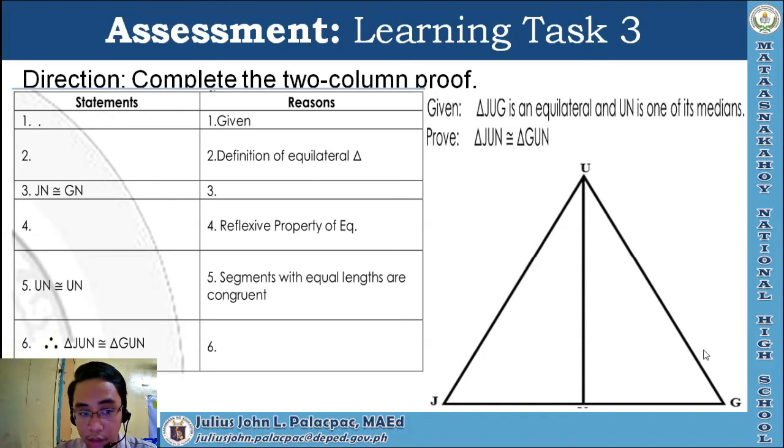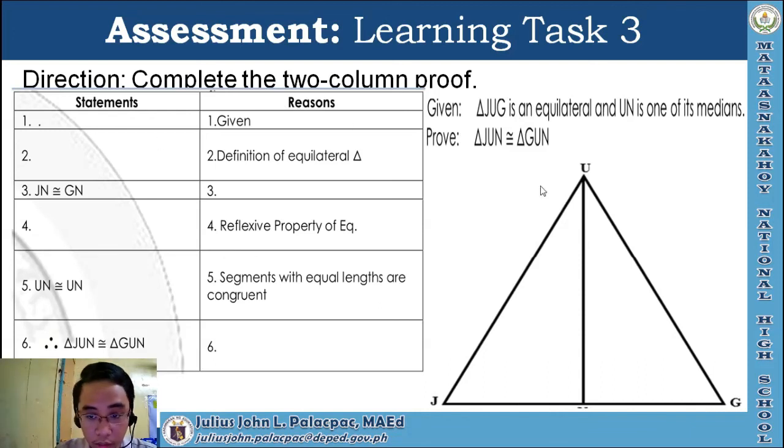Kaya, sila yon, diba? JN is congruent on GN. So, itong UN ay definition of median. Kasi yung median ay dinidivide niya yung isang line segment into 2 equal parts.